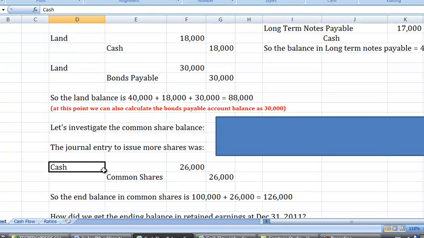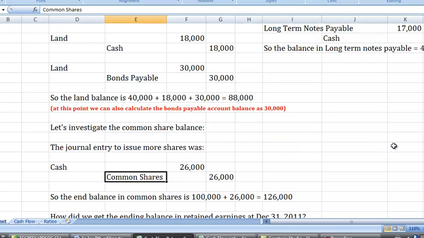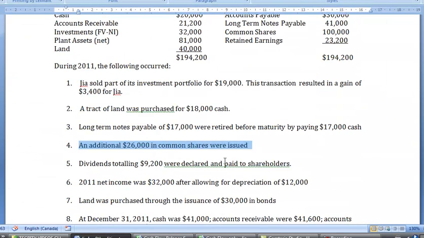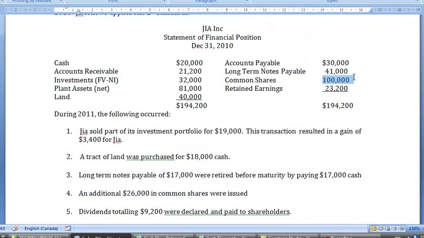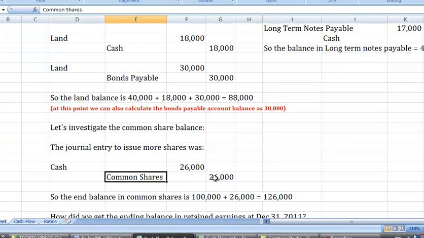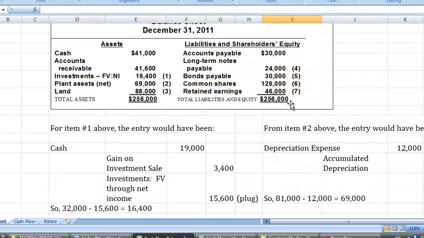So therefore that means that we must have during 2011 debited cash and credited common shares for $26,000. So if we add that $26,000 to the balance we currently have in our common share account, which is $100,000, our balance sheet should show $126,000 in common shares, right?